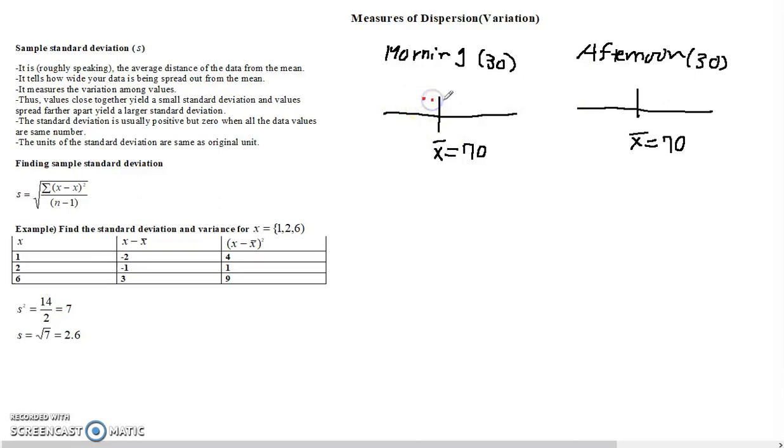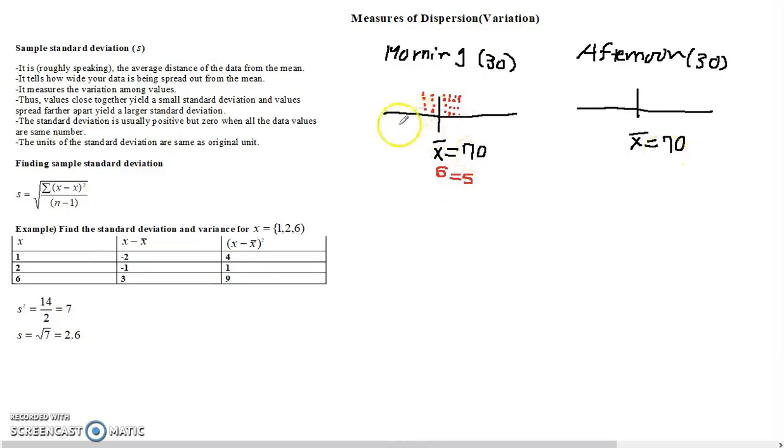I cannot put all 30 of them there, but let's say most students have pretty much scores like this. So in this case, let's assume that s, the standard deviation, is equal to 5.